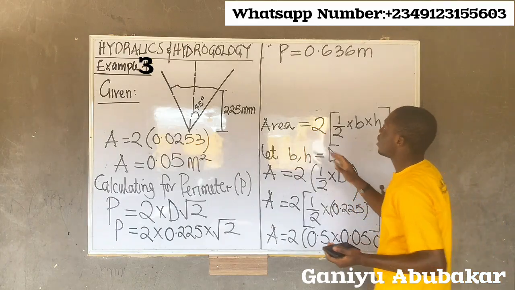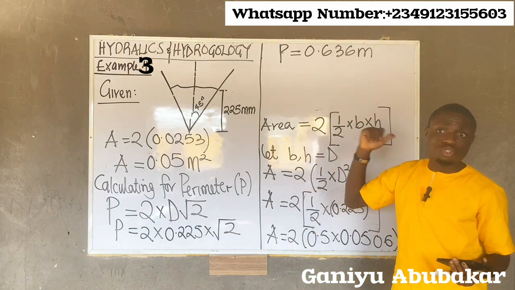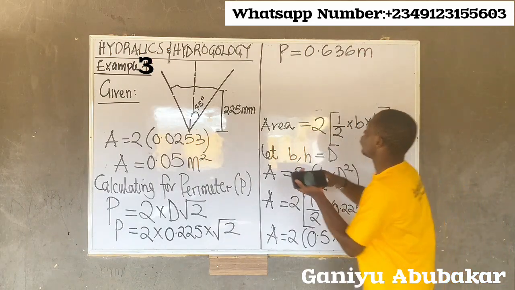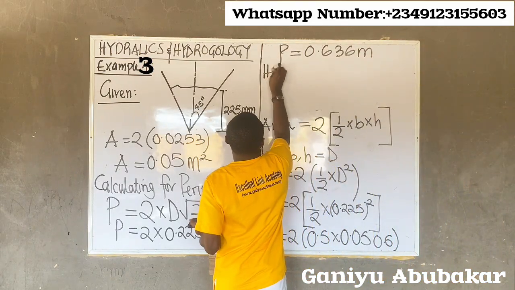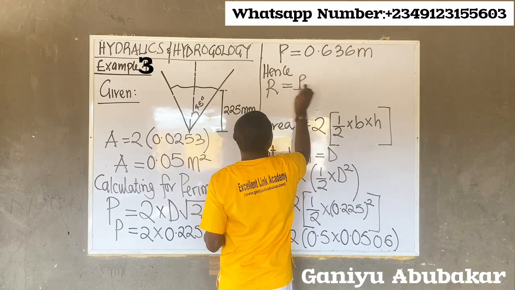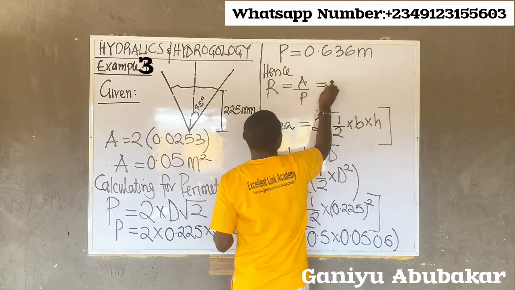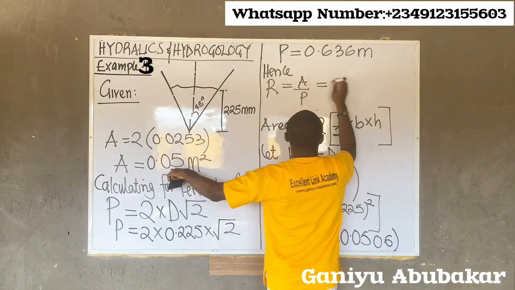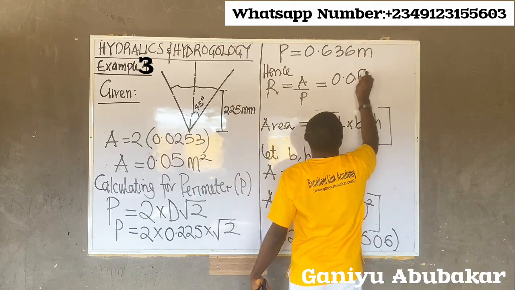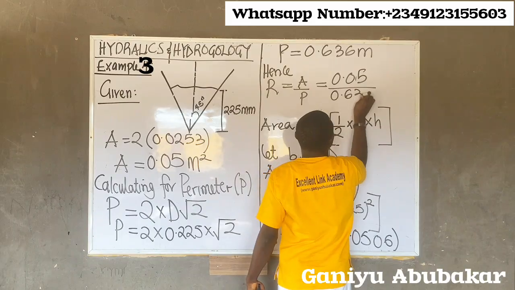Now I've gotten perimeter and area. What am I looking for? Perimeter and area, to get R. So hence, R now is area over perimeter. What's area? 0.05, all over what's P? 0.636.